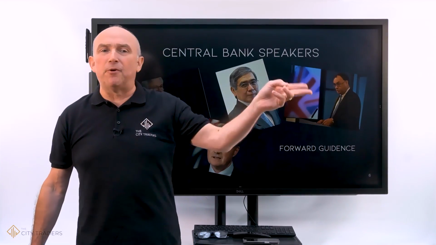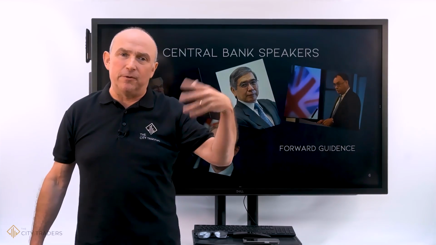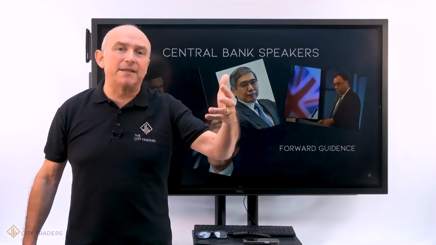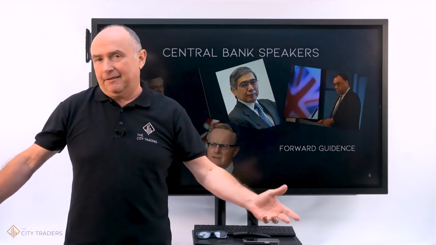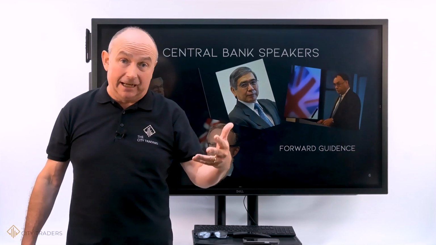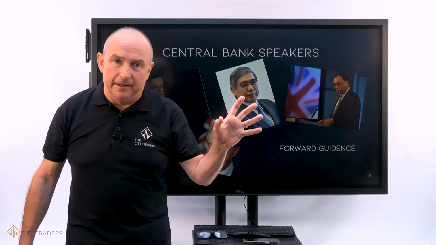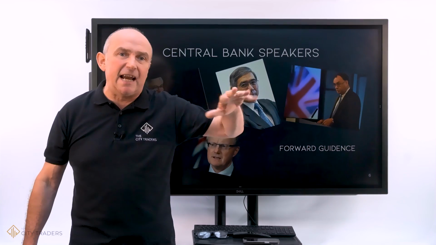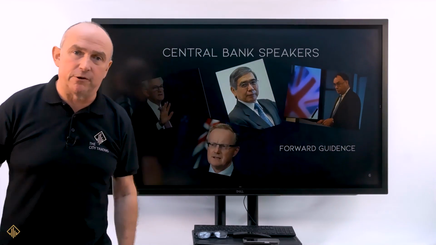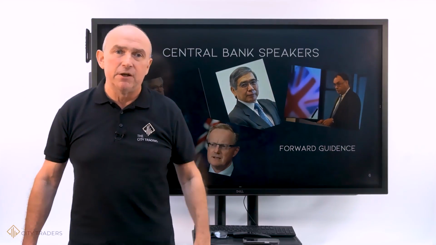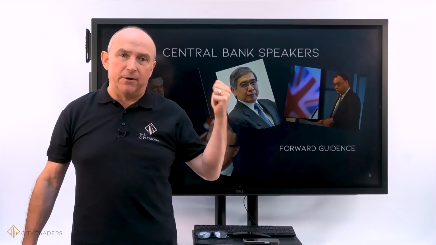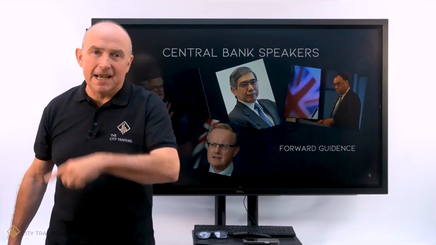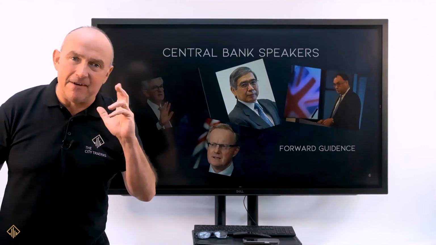So you'll always see them on the news wires, always being interviewed, giving interviews to all the journalists, basically preempting the economic policy meeting, because they don't want to shock the market. So they plant little seeds, they give us clues. They want to keep a stable market rather than shocking the market with interest rate rises or interest rate cuts. So the forward guidance, statements and meetings with these central bankers throughout the calendar month are very, very important.